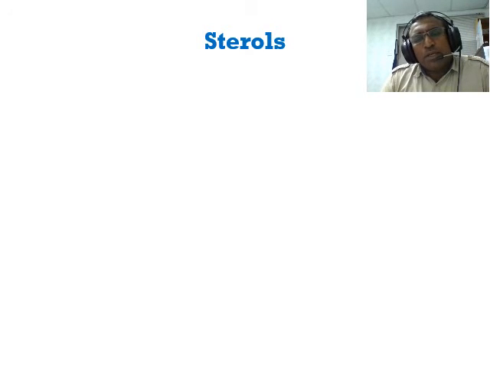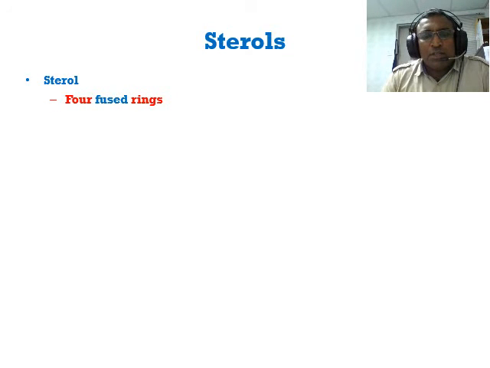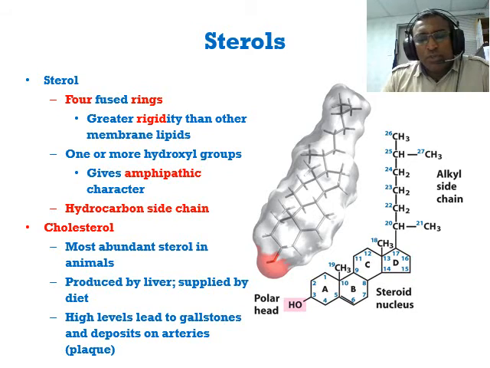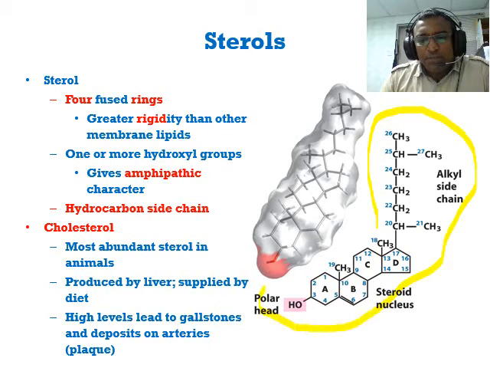So next we look at sterols. Sterols are also made from these isoprene units, and it is done in the liver of a person. So this is how the cholesterol structure looks like. It has these 4 fused rings, very rigid, and it's not soluble in water.